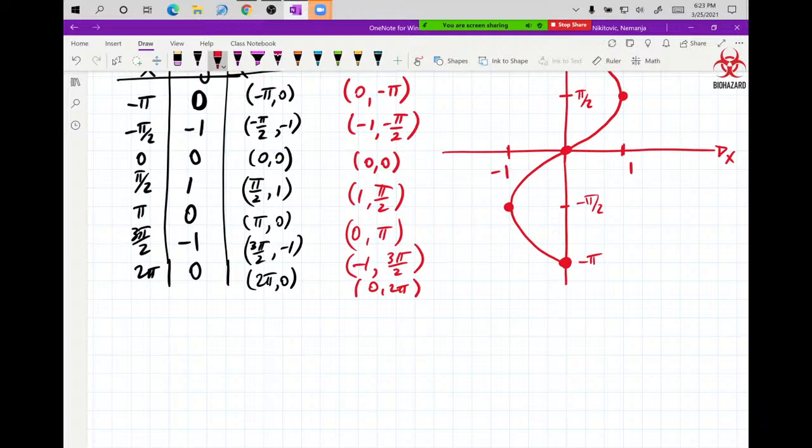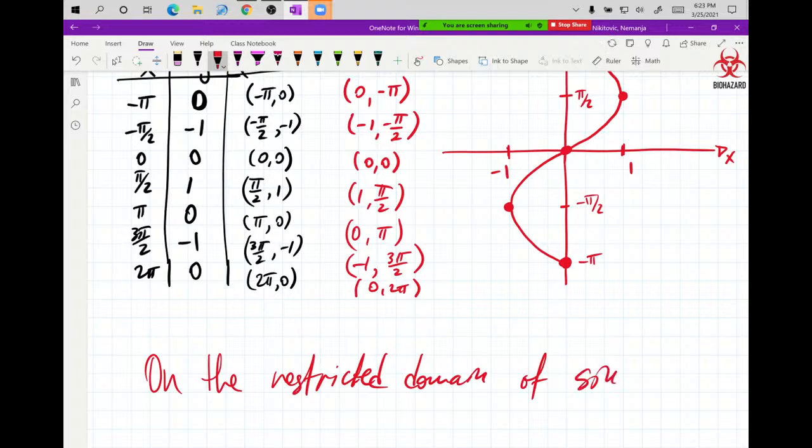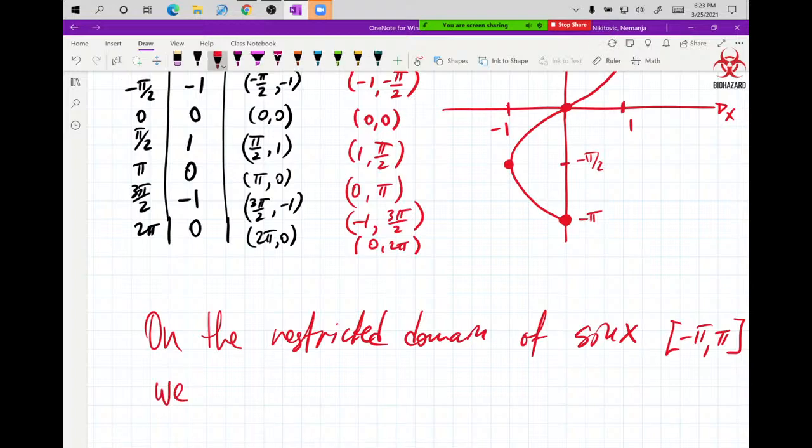So on the restricted domain of sine x from negative pi over 2 to pi over 2, we have an inverse function. If you go away from there, obviously something is going to bend.